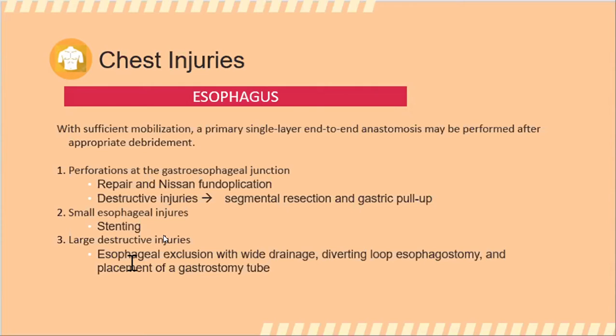We free the stomach and bring it up into the chest cavity to be anastomosed to your esophagus. For small esophageal injuries, we can do stenting. Stenting, because small esophageal injuries may have ulcerations, especially with caustic injury, and ulcerations and scarring can cause stenosis. So to prevent that, we can do initial stenting of the esophageal tract.